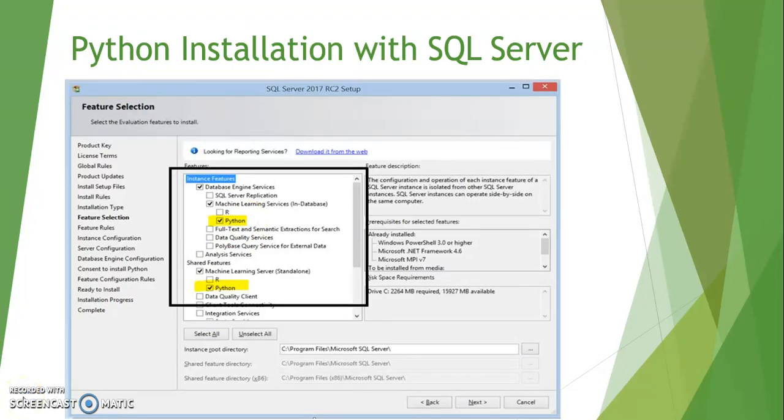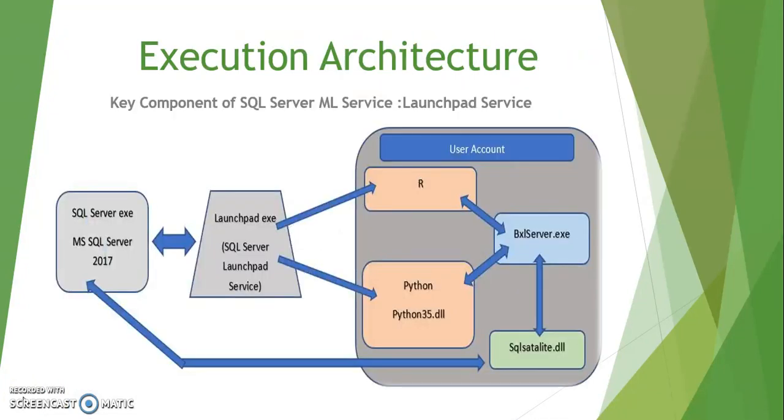Okay, let's look at how SQL Server machine learning service is functioning. Here you can see a summarized diagram to explain the architecture. Once a Python request is received from SQL Server, it will pass into the Launchpad service. This Launchpad service will manage the communication between SQL Server and the Python process.